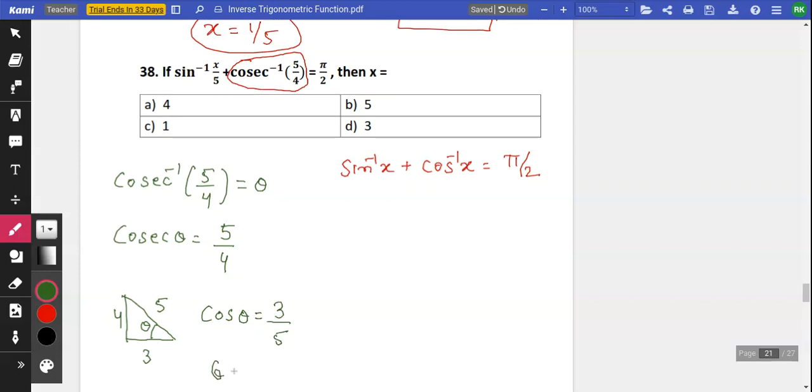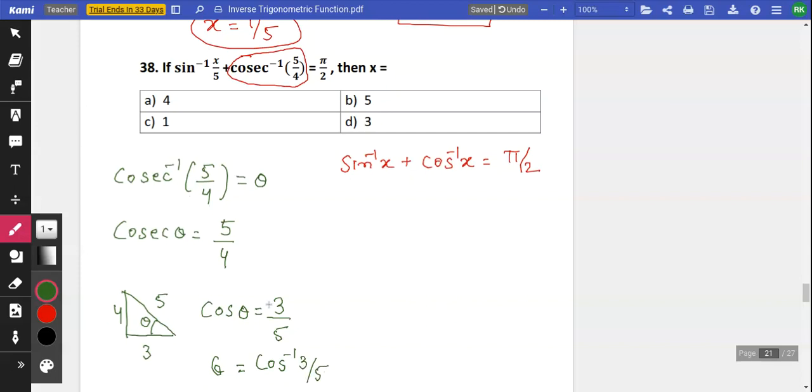So theta is equal to cos inverse 3 upon 5. Now we use this value in place of cosec inverse. So sine inverse x upon 5 plus cos inverse 3 upon 5 is equal to pi by 2.